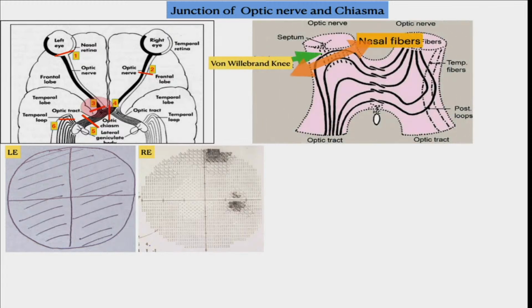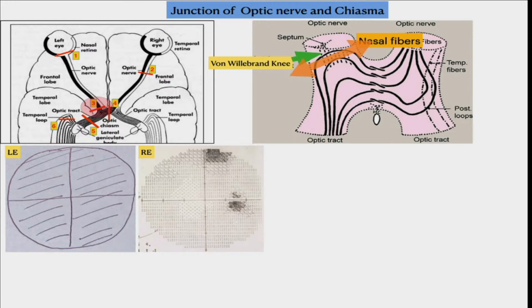So if you just have a large diagram of the chiasma, and a lesion which is pushing at the junction of the right optic nerve and the chiasma, the right eye optic nerve will be completely knocked out. So it will lead to a complete scotoma, and the fibers which are looping before they cross would be knocked out on the other side. And that is what the nasal fibers lead to: a contralateral scotoma.